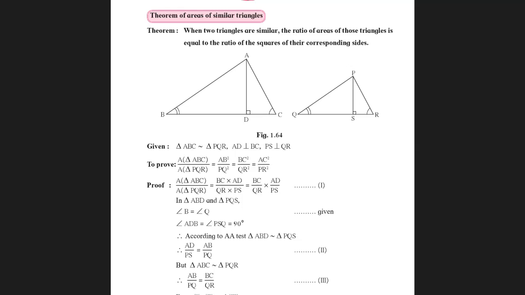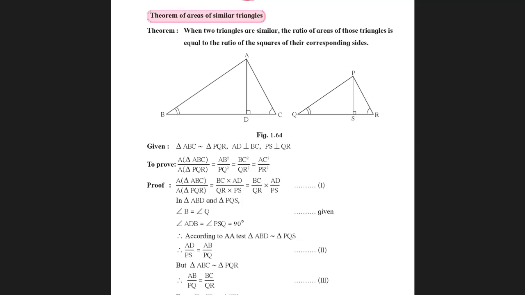Therefore, angle B is equal to angle Q. Secondly, angle ADB equal to angle PSQ equal to 90 degrees because they are perpendiculars. Therefore, triangle ABD is similar to triangle PQS by AA test.